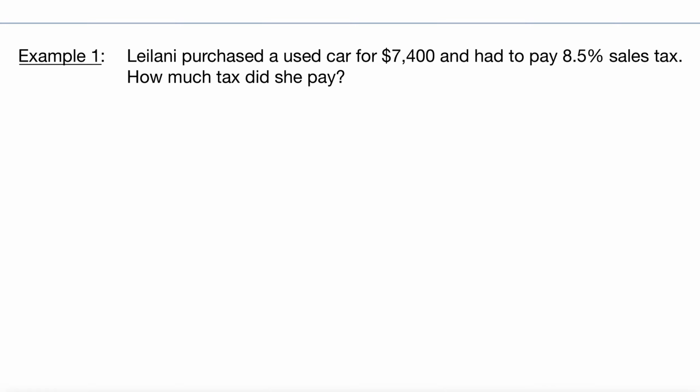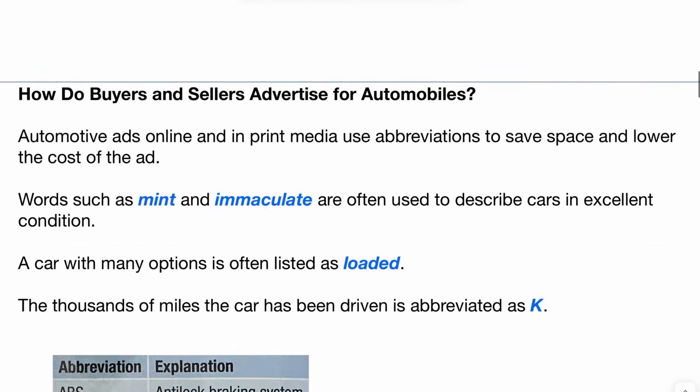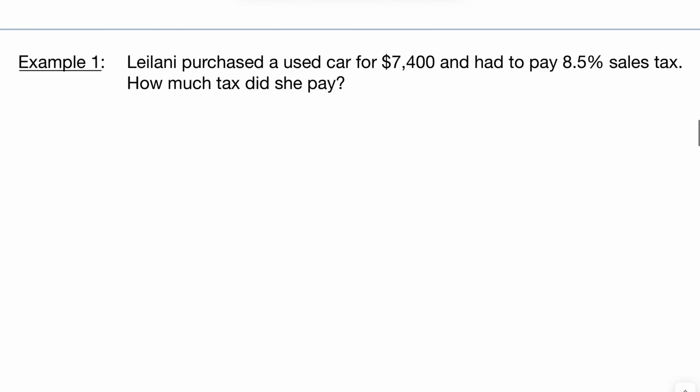Well, to calculate this, we would take $7,400 and multiply this by 8.5%, and we're going to need to convert this into a decimal, so that's going to be 0.085.